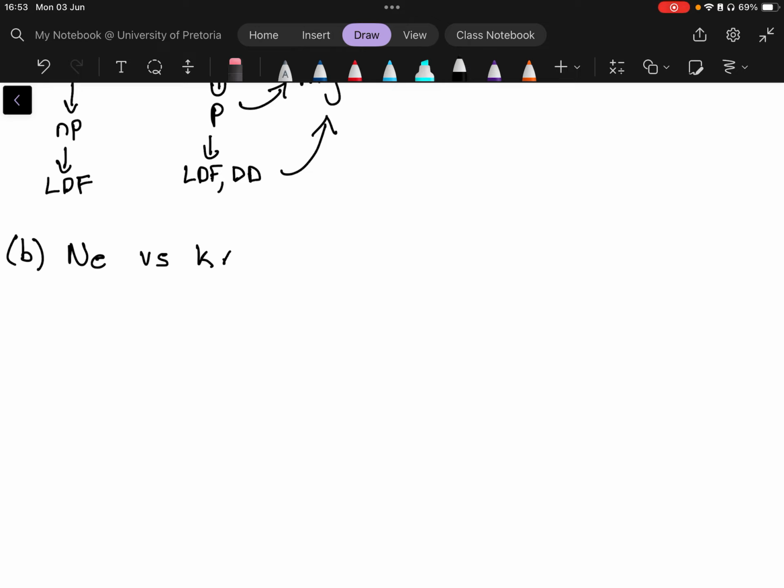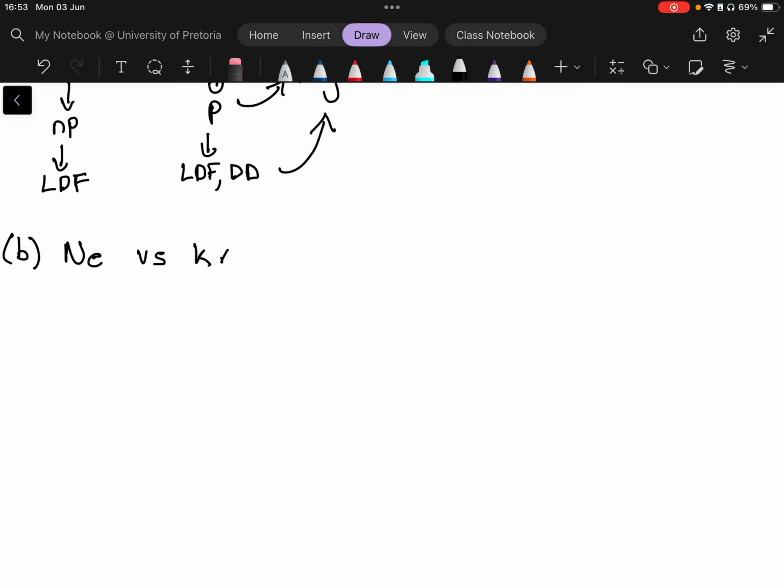Neon is higher on the periodic table, and krypton has the higher molecular mass, and that is why it will have the higher boiling point. Because if a substance has a higher molecular mass, it has a higher boiling point.